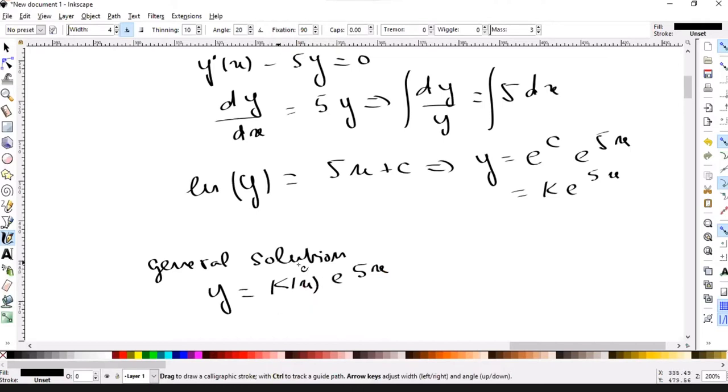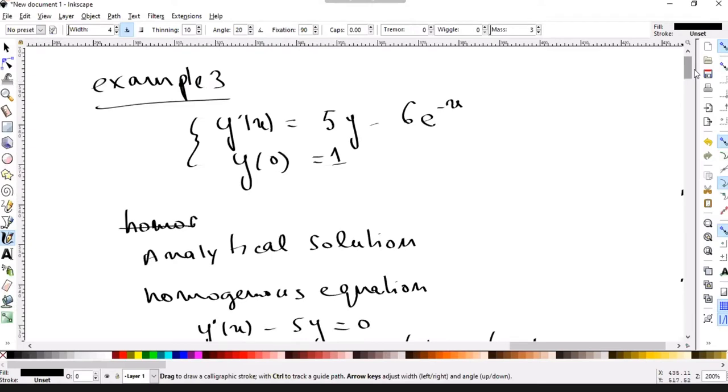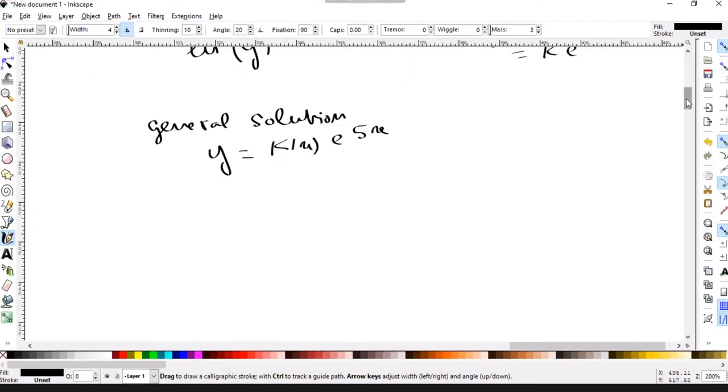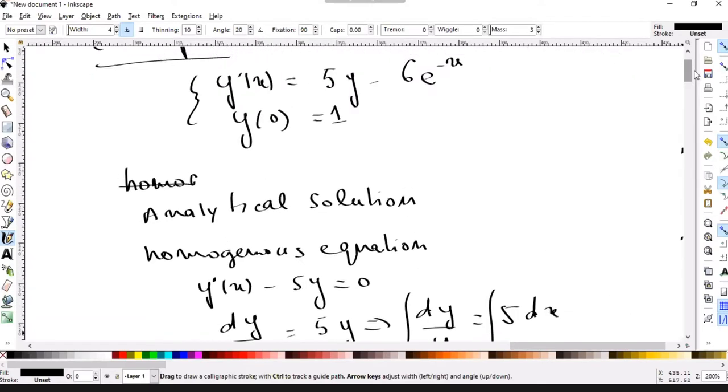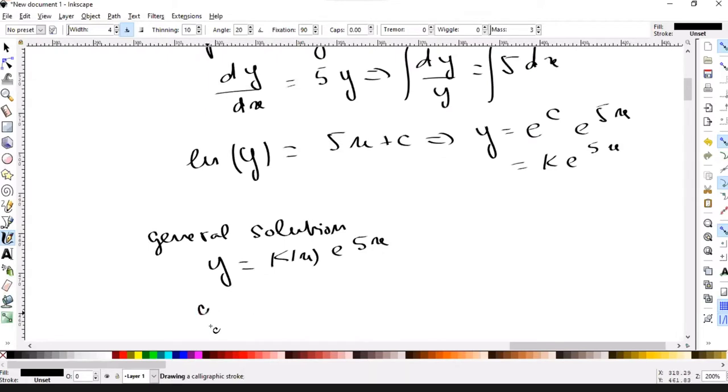And we will try to find this k of x by replacing into the main equation. Okay, so we replace into the main equation y prime of x is equal to 5y minus 6 exponential minus x.